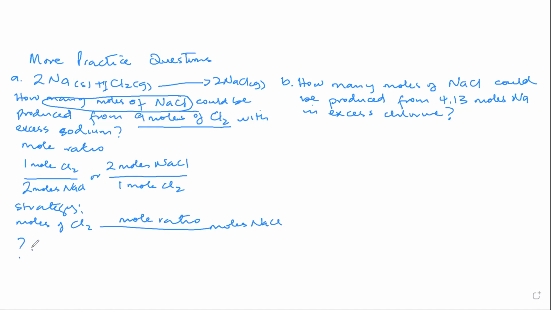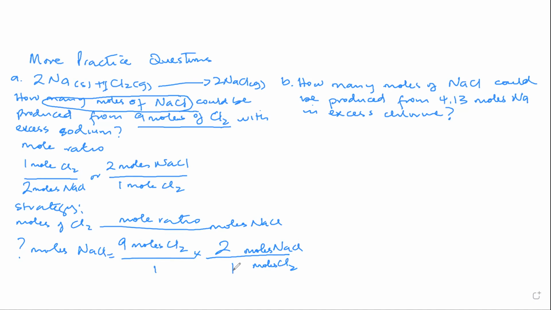So we are solving for moles of sodium chloride. Look at the stoichiometry steps again if you are still struggling. Moles of chlorine gas, now moles of sodium chloride. So this one is the correct one. This is now the conversion factor.